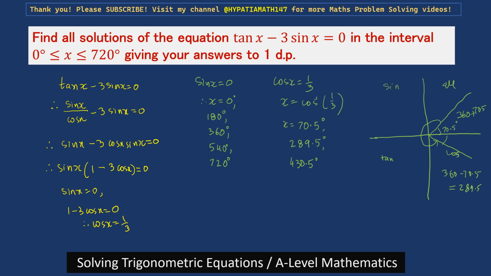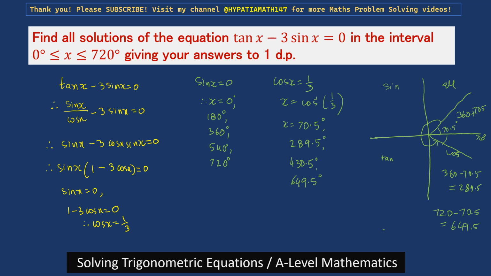So 720 would be here, so 720 minus 70.5, and that is 649.5. So I will write here 649.5 degrees.